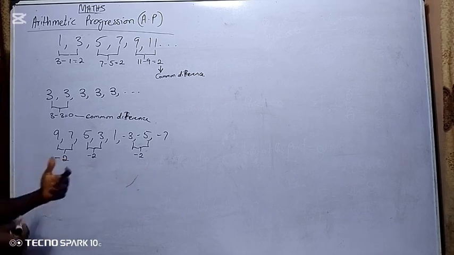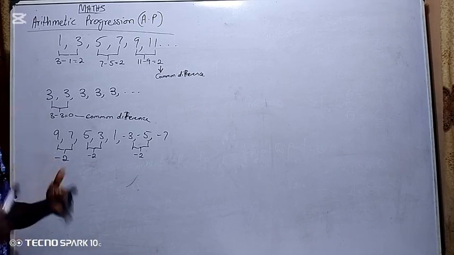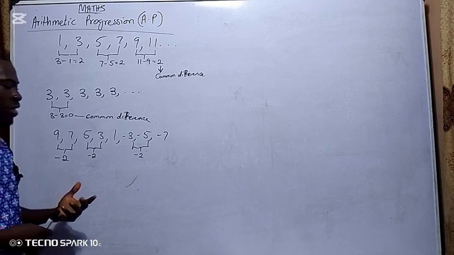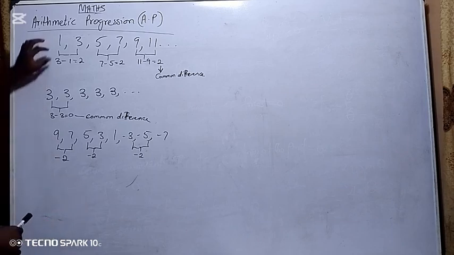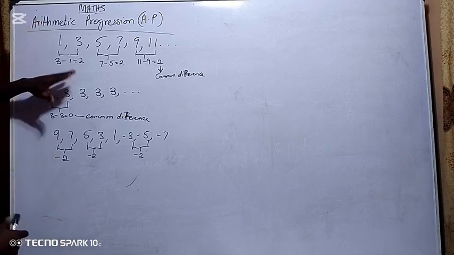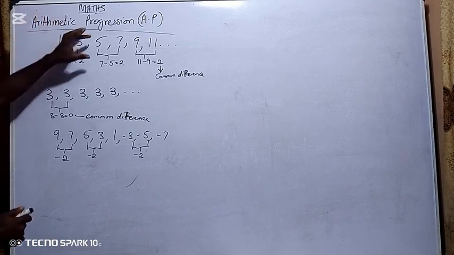Now we have to generate a formula for finding the nth term of an arithmetic progression. Let's say this is the first term, this is the second term, this is the third term.